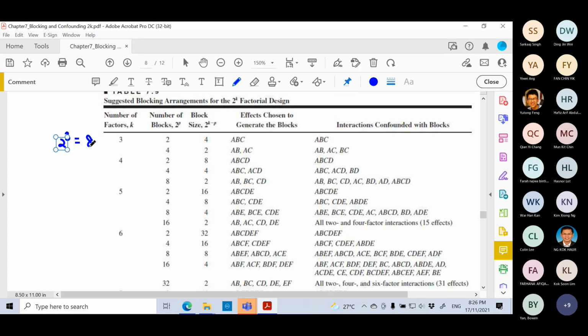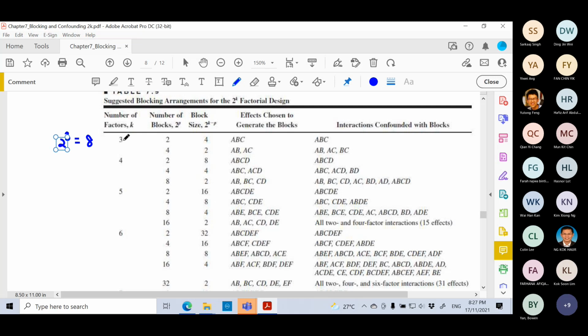The 8 treatments can be divided into two blocks, and each block contains 4 observations. So you can choose which effect to be confounded. You can choose ABC to be confounded.